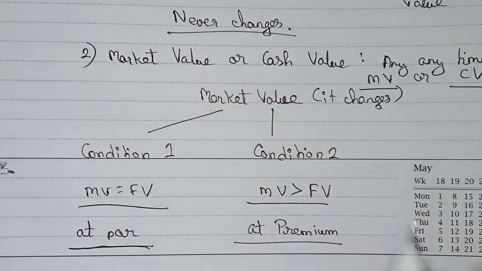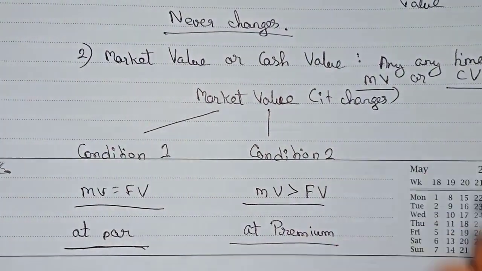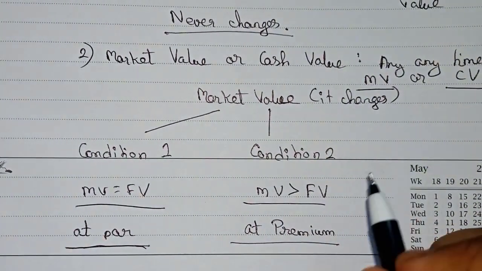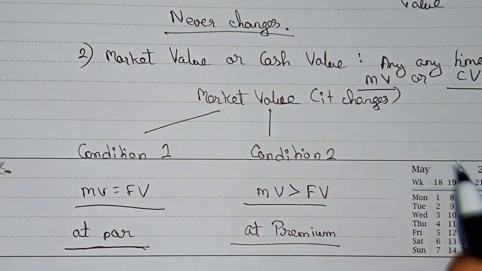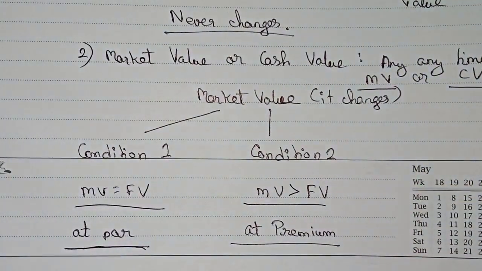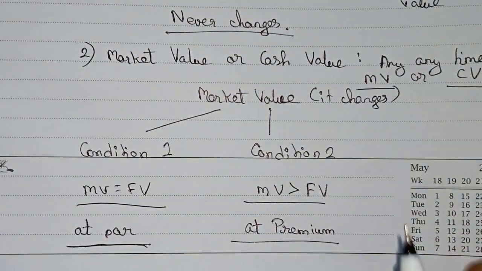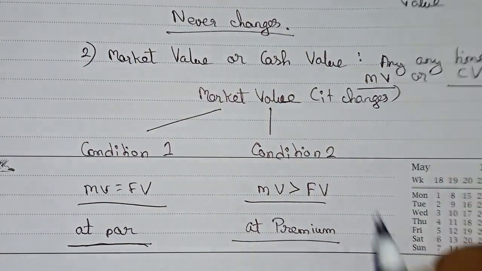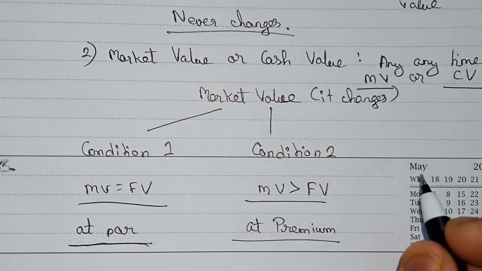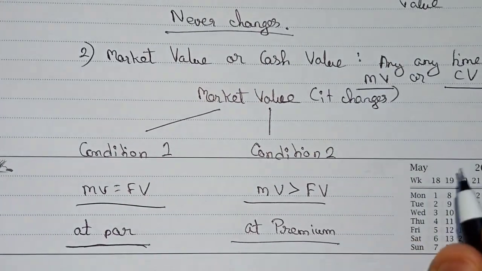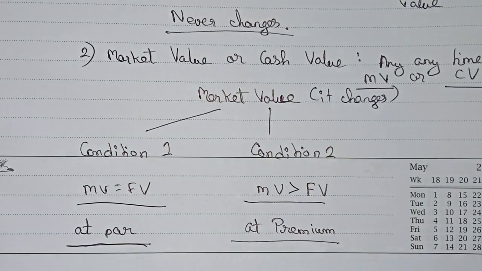For example, the company has set the face value at rupees 100, but in the market it is 120 rupees. So you can say rupees 100 shares at a premium of 120. That means the face value is 100 and the market value is 120.